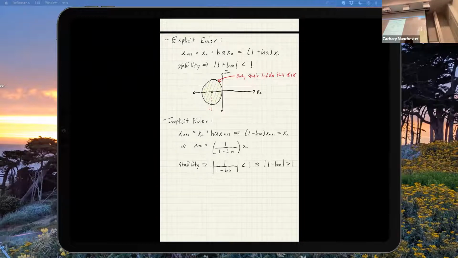Very similar, but now it's to be outside a circle. And the circle is now centered at +1, right? Okay, so let's draw that. So we're say here, this is +1, and then stable is everything outside of that.